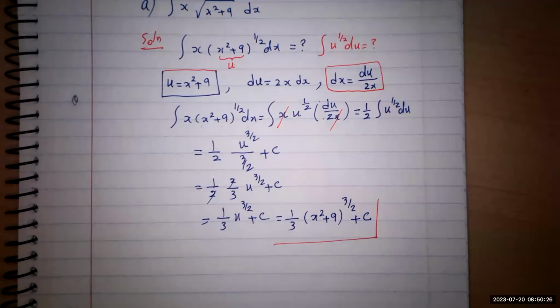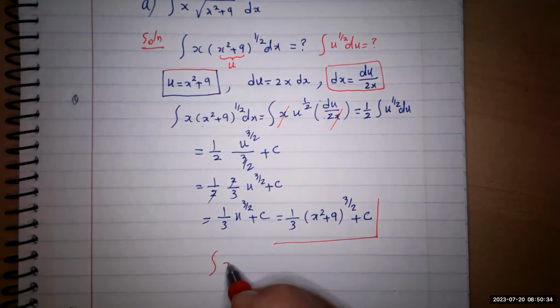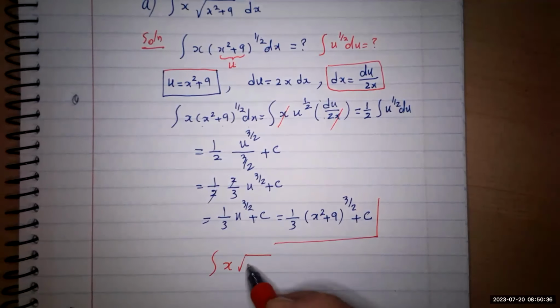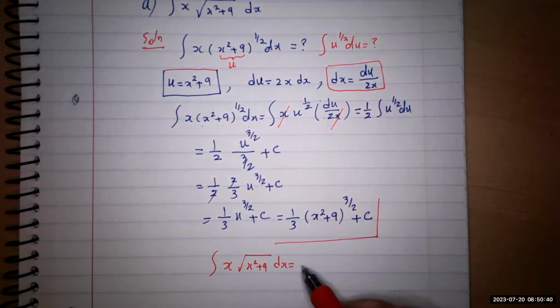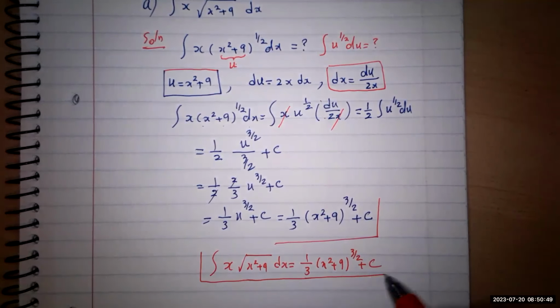Any question? It's a very standard operation and it can be done easily. So double check it. You don't have to rewrite it, but I rewrite it to have a record. The integral of x radical x squared plus 9 dx is equal to 1/3 x squared plus 9 to the 3/2 plus the constant c, and you're done.